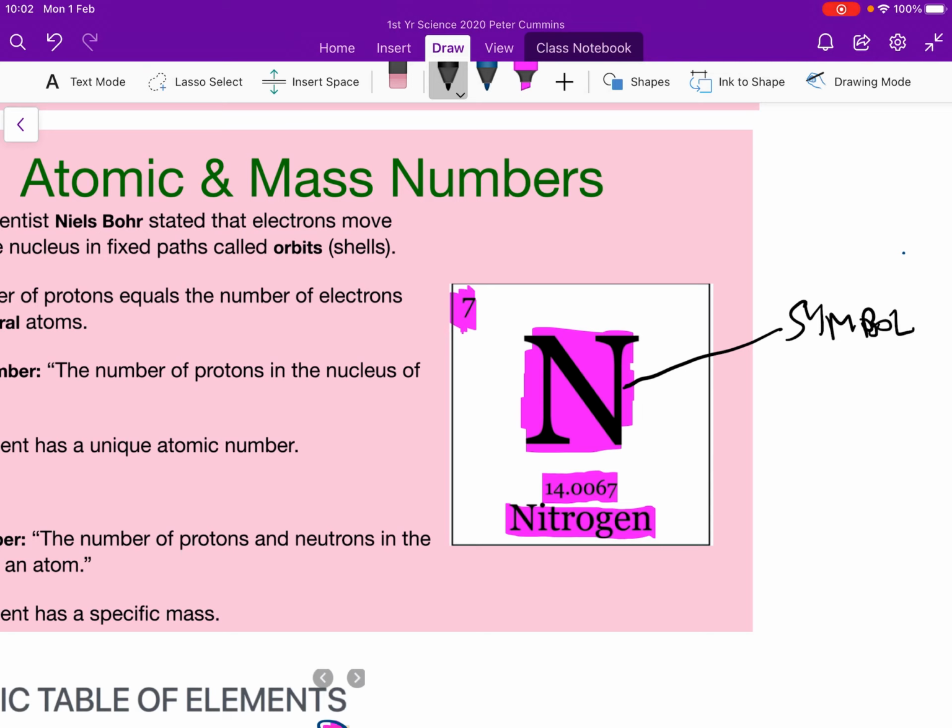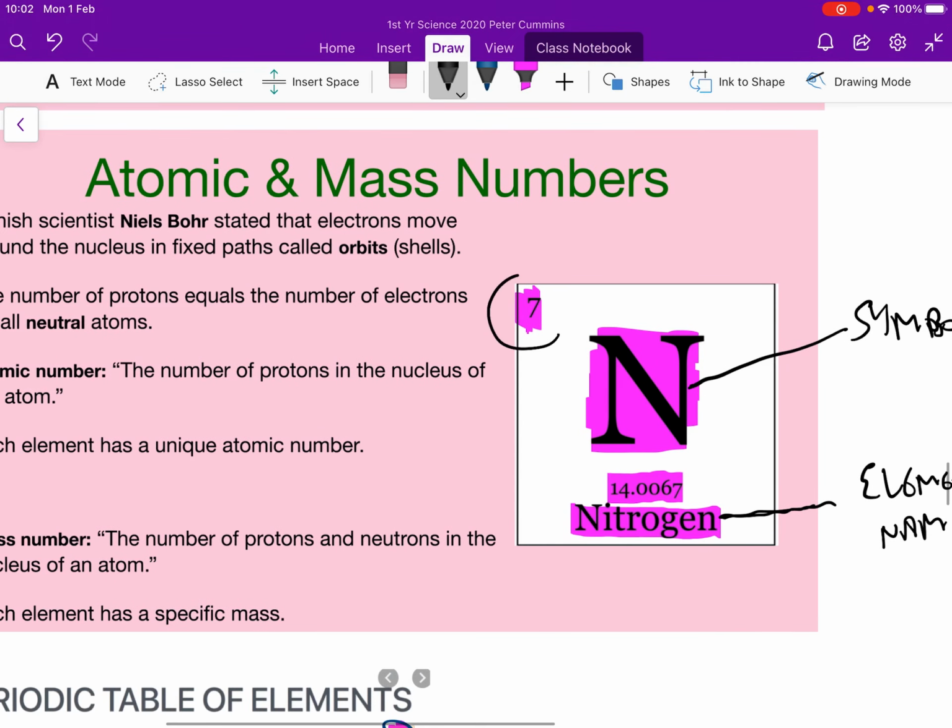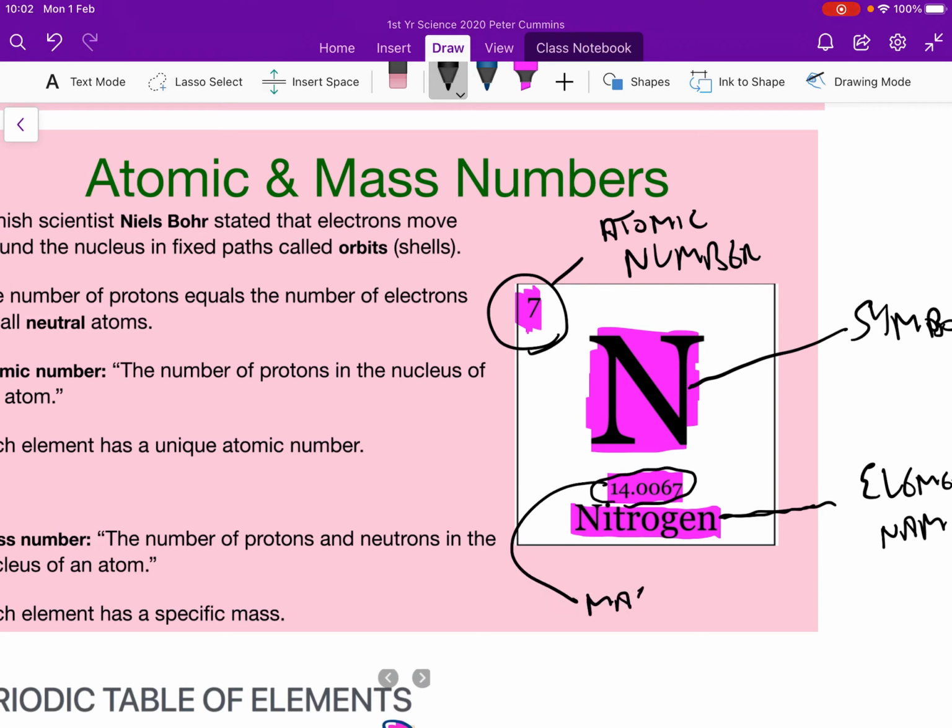So as we said, this here is your symbol, this here is the element name. And then the two numbers I'm interested in: this one here is your atomic number, and this one here is your mass number.